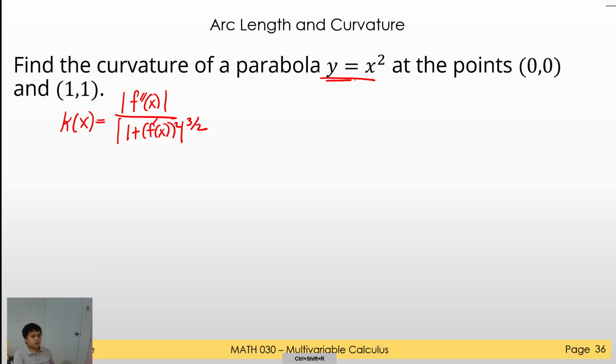So this is our function. Basically your function is f of x equals x squared.